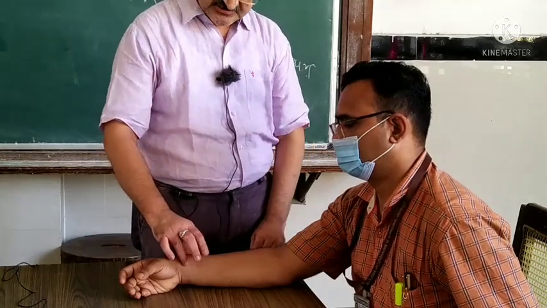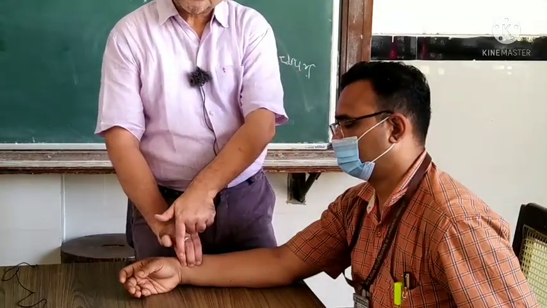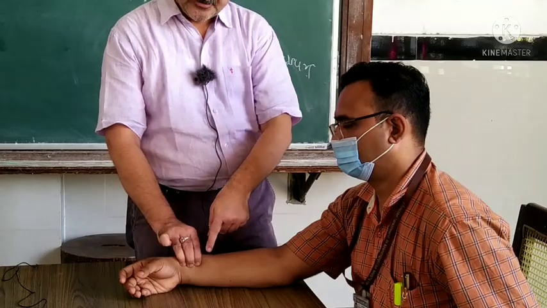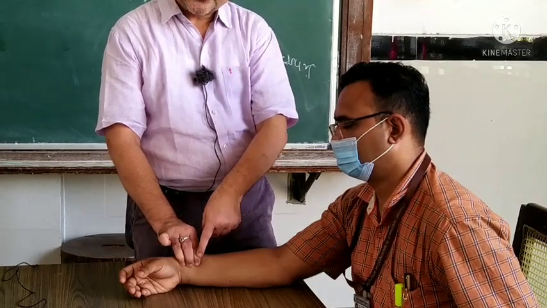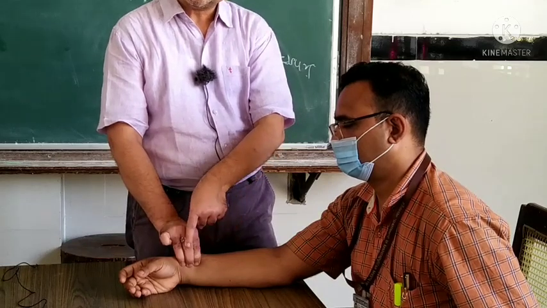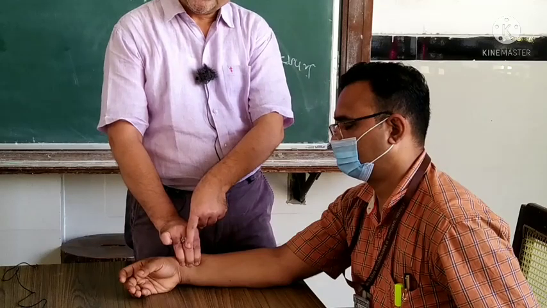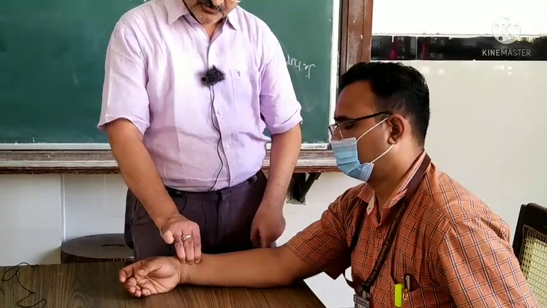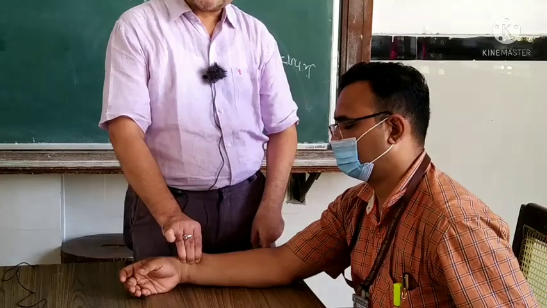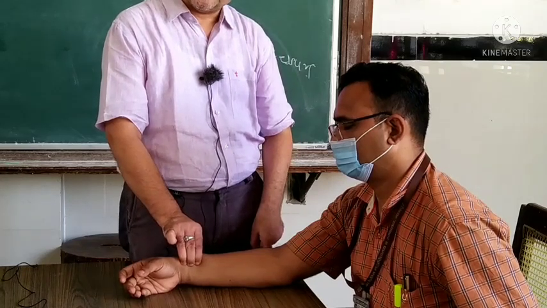Now the condition of the vessel wall. The ring finger is, as usual, obliterating the radial artery. Then obliterate the radial artery with the help of the index finger, so that no pulse is felt by the middle finger. Press the radial artery with the middle finger and roll the segment of the radial artery over the bone, and check whether you can feel the wall of the radial artery or not.